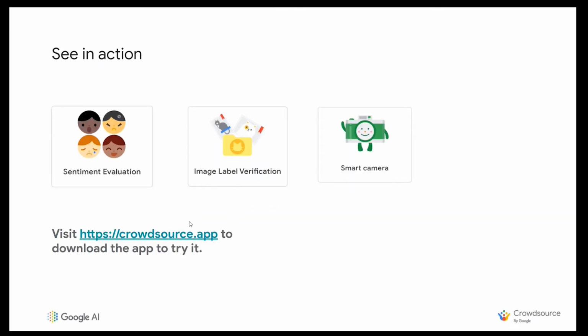When you open the application, you will find these three options inside Crowdsource. Sentiment evaluation tries to find the sentiment of a given text or image. Image label verification is used to verify that a particular image has a proper label. And smart camera is used to detect commonly used objects using the camera.